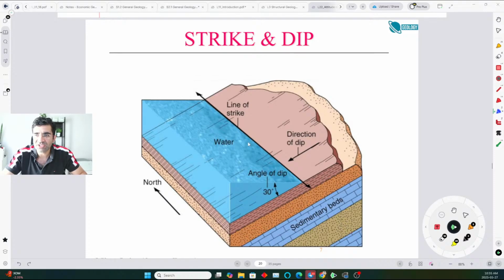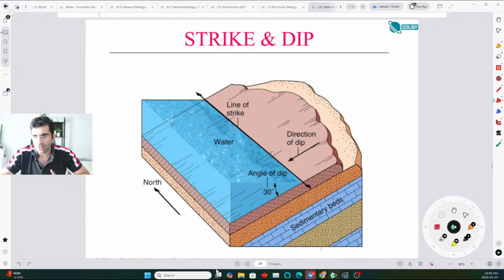And then you can measure its direction with respect to north. If, for example, north is that way, then strike becomes 90 degrees. You measure the angle with respect to horizontal. So the surface of water is horizontal. This angle becomes the dip, angle of dip.